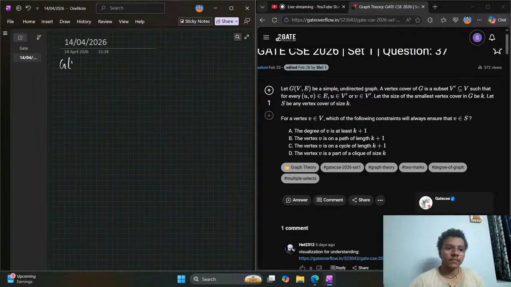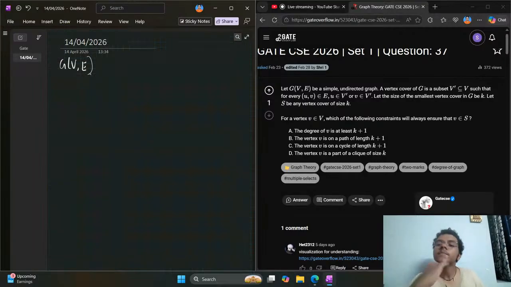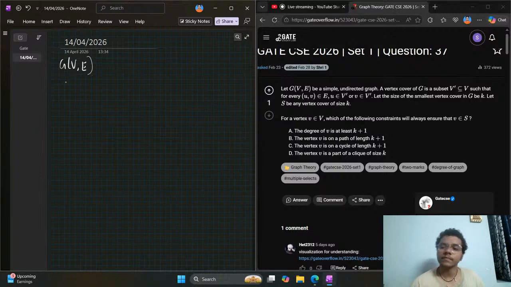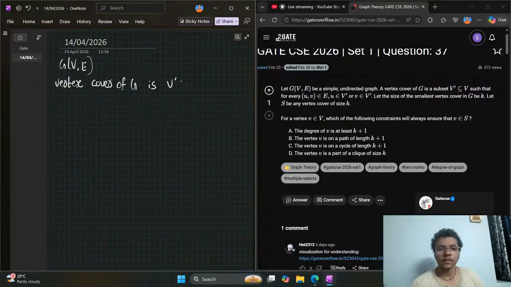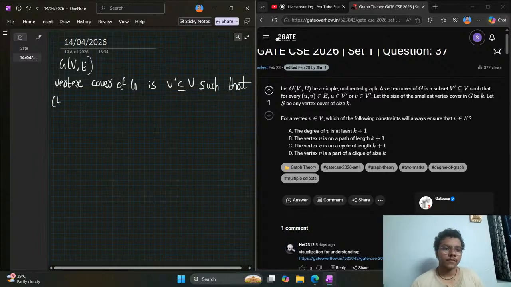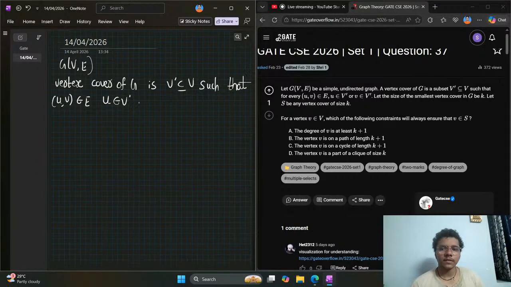So a graph is given to us, and vertex cover of G is V dash, a subset of V such that (U, V) belongs to E, U belongs to V dash or V belongs to V dash, for all (U, V).